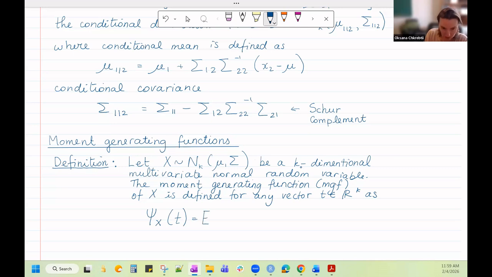This you might have also seen referred to as the Laplace transform. And for the multivariate normal distribution, it has the following form. It's the exponential of t transpose times mu plus 1/2 t transpose sigma t.